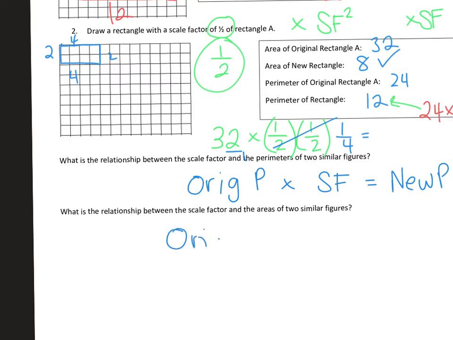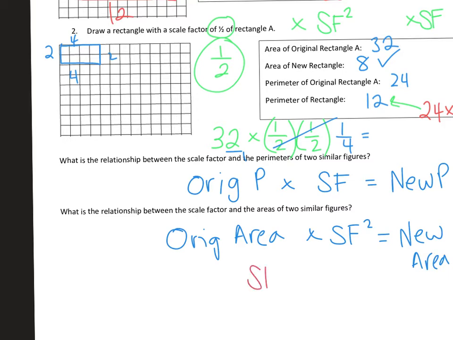You take the original area and multiply it by the scale factor squared to get the new area. Remember with exponents, scale factor squared is just multiplying it by the scale factor twice.